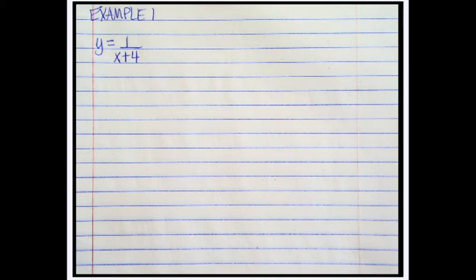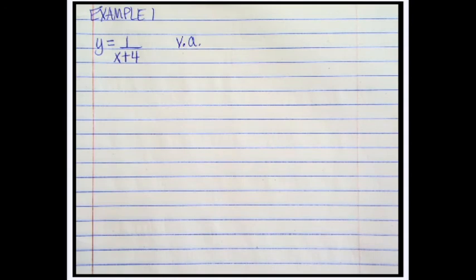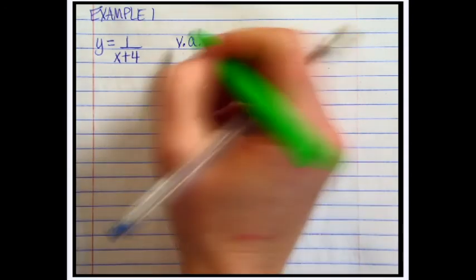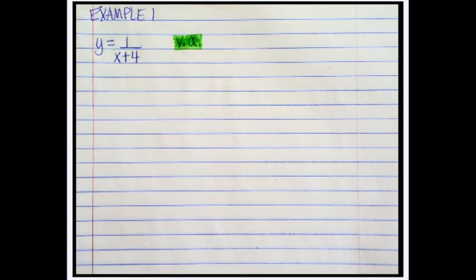But let's go ahead and look at it from an algebraic perspective. To find the vertical asymptote, and my abbreviation is just VA, do you remember what we need to do? I know it was a few minutes ago. We need to set the bottom equal to 0.